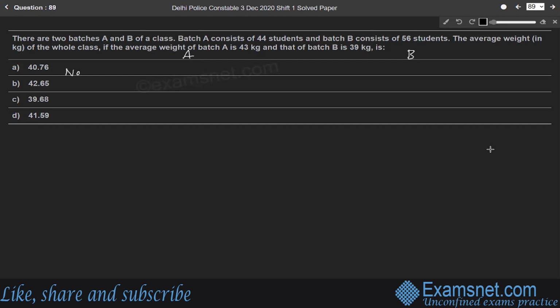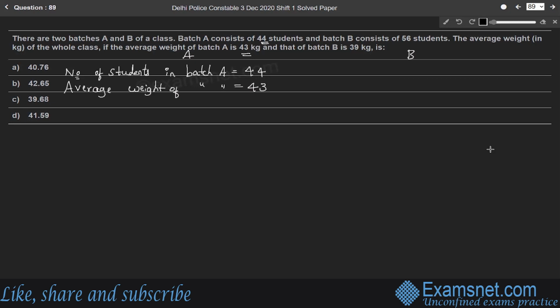Number of students in batch A is equal to 44, A consists of 44 students, and average weight of batch A is 43.